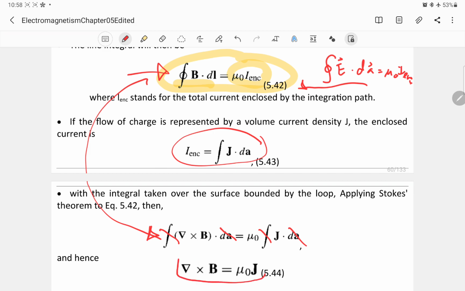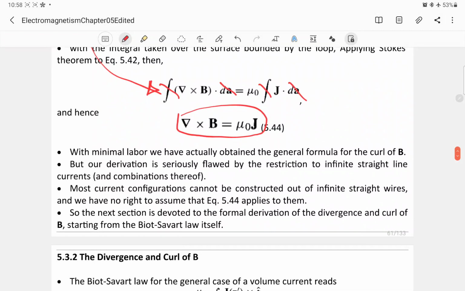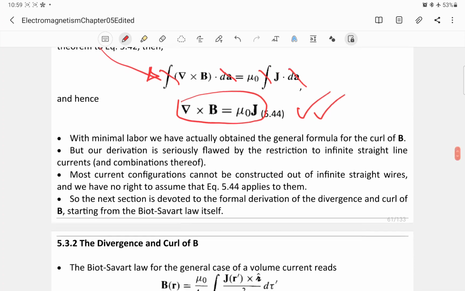You can see that here is your curl of B. So the curl of B is not equal to 0, because as you can see the magnetic field really curls around the wire. So yes, this is the correct result, but the derivation is flawed. Well, we can discuss more on that in the next section.